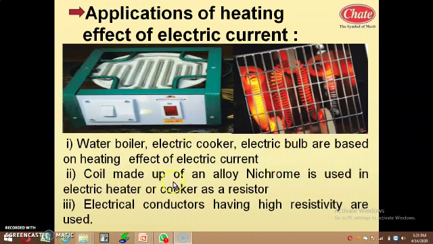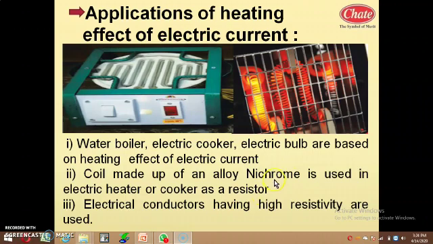Here the coil is made up of an alloy, nichrome. Nichrome has a very high value of resistivity. So a coil made up of nichrome is used in an electric heater or cooker as a resistor, meaning as a resistance.